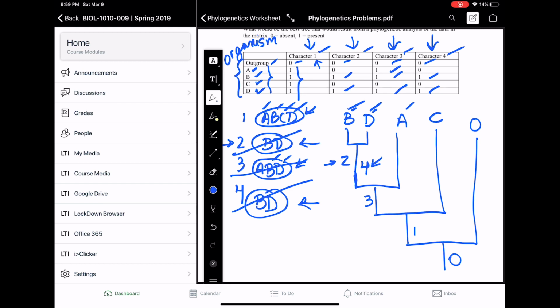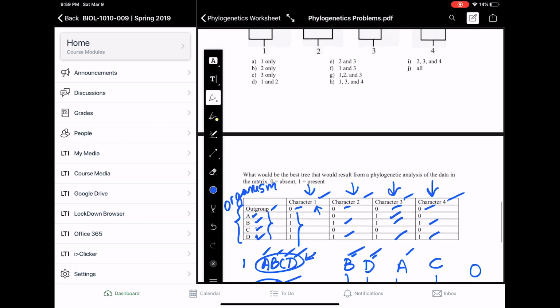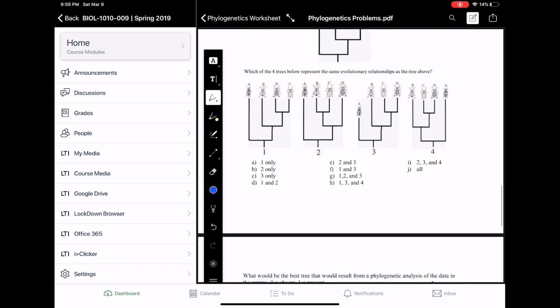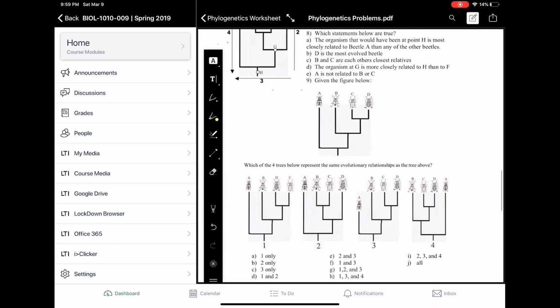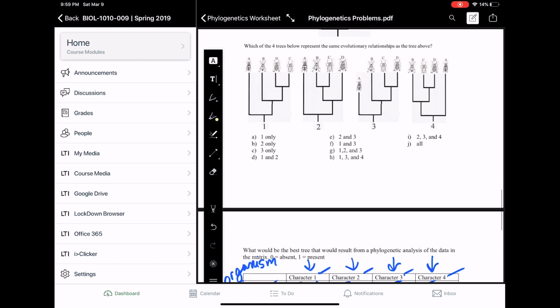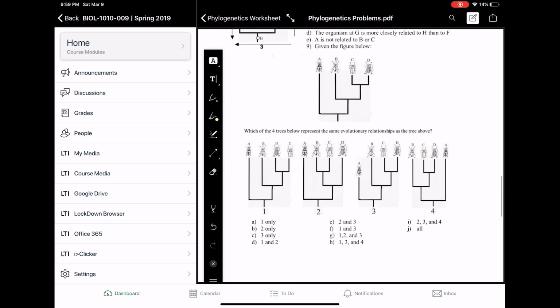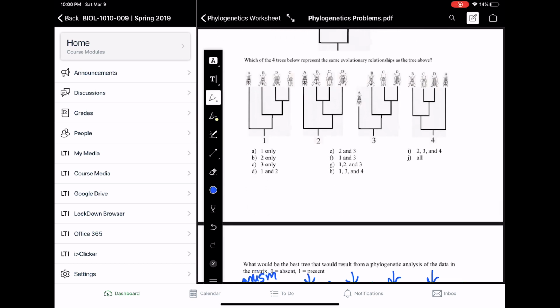And one last tip that I want to give you guys in preparation for the test is that when comparing trees, you should always look at the smallest amount of organisms grouped in a branch, right?